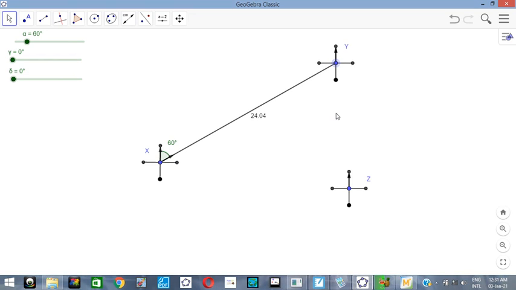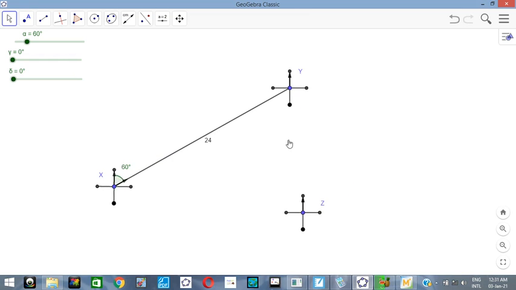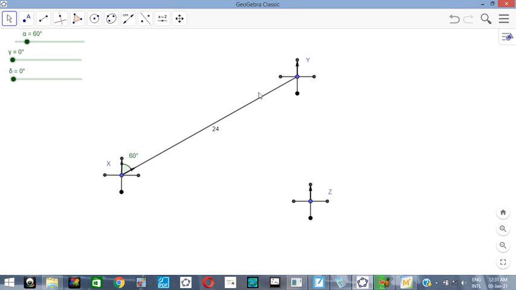Okay, so we have gotten it. From X to Y, you can see it from X down to Y, 24 kilometers, and the angle from X is 60 degrees. So this is settled. Then let's move on.